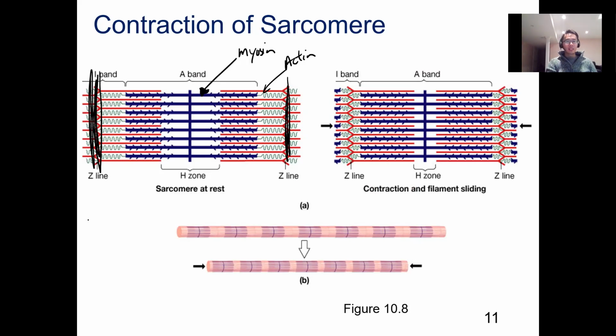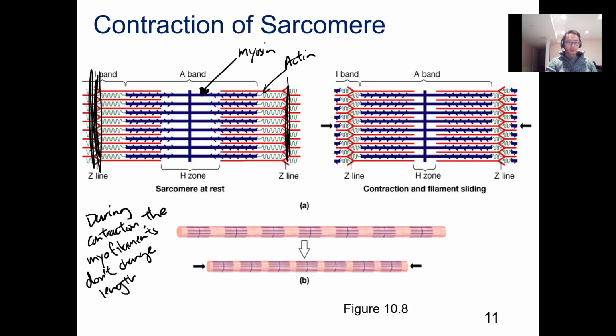It's important to know that during contraction, the myofilaments, the actin and the myosin, don't change length. Okay, what changes is the amount of overlap.